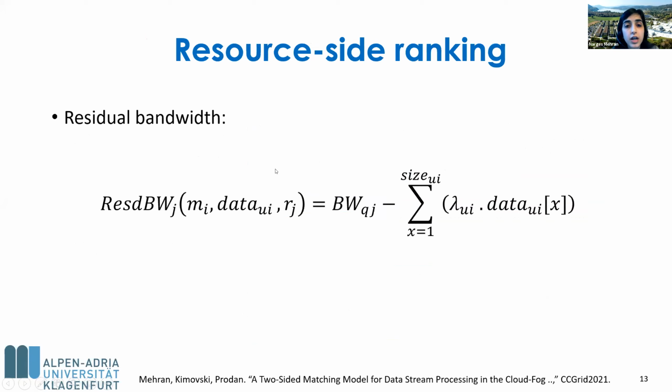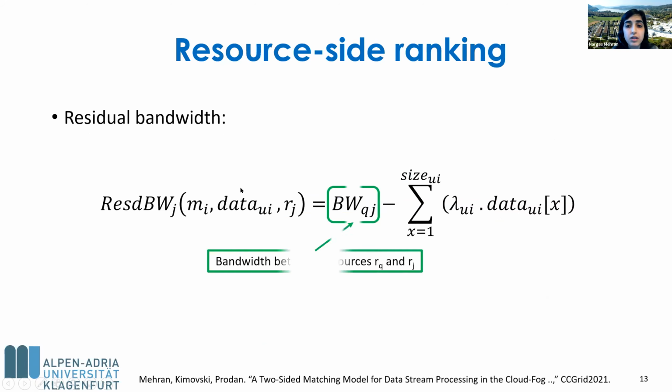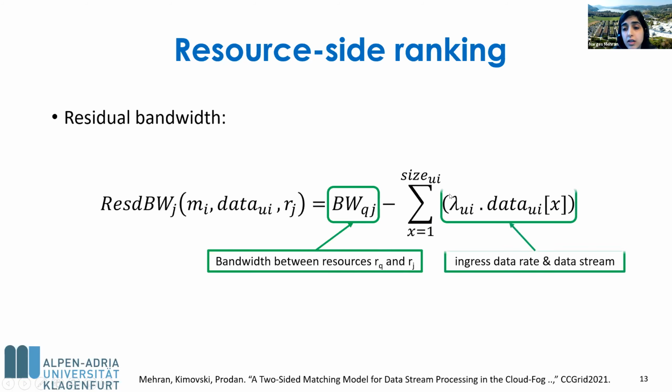And on the other side, we calculated the residual bandwidth based on the difference, at a specific snapshot of the system, between the available bandwidth and the amount of data that should be generated and received by a specific resource hosting a specific microservice.